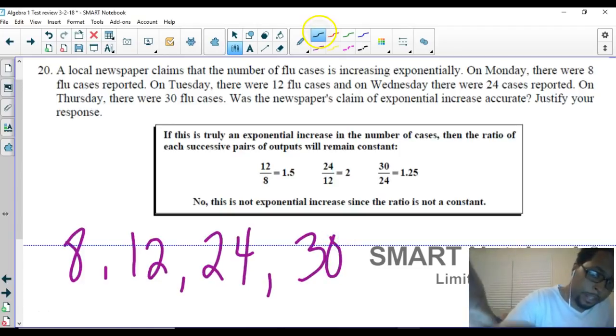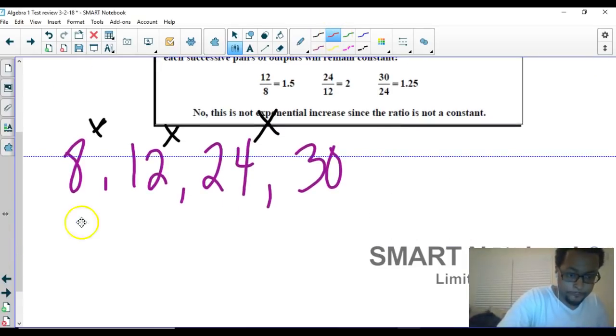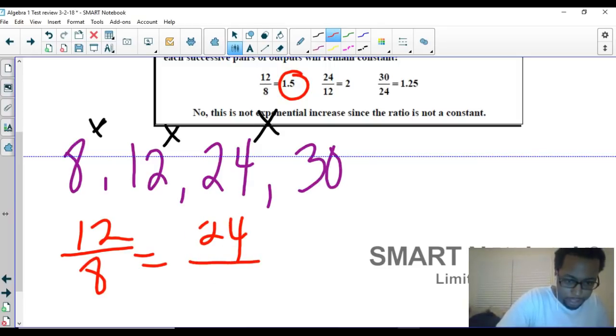In order to be exponential, they have to be multiplied by the same number. Well, clearly, we can tell they're not multiplied by the same number. So, no. But how do you show your work on it? Again, simple. Take the second number, divide it by the first number. You do that division, you get this. I'll take the next number, 24, divide that by 12.